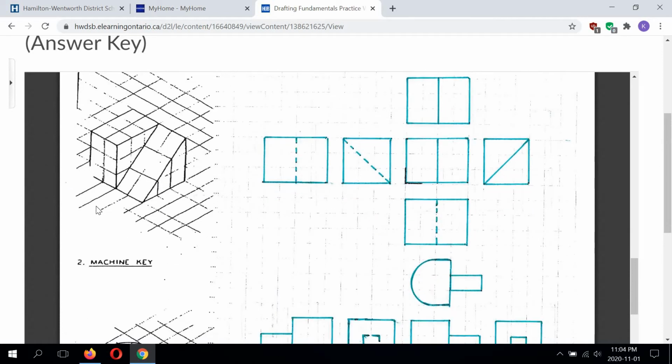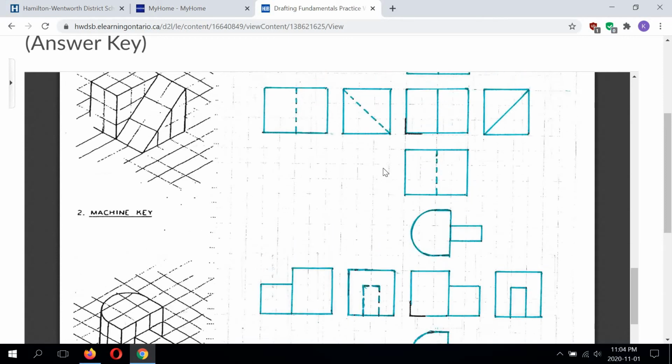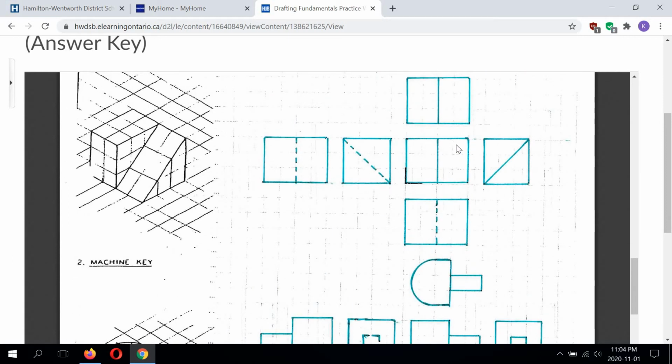So the front view is looking at this in this direction where I'm pointing with my cursor here. So that's what that looks like here, right? We see this surface here that is totally running vertically, perfectly straight up and down, and then we also see this surface here which is on an angle, right?